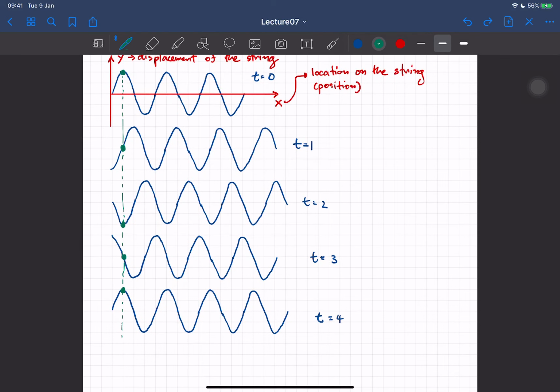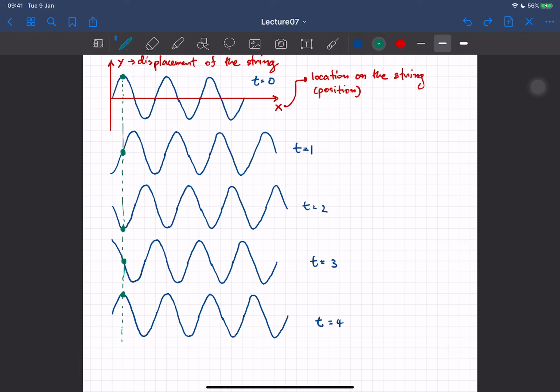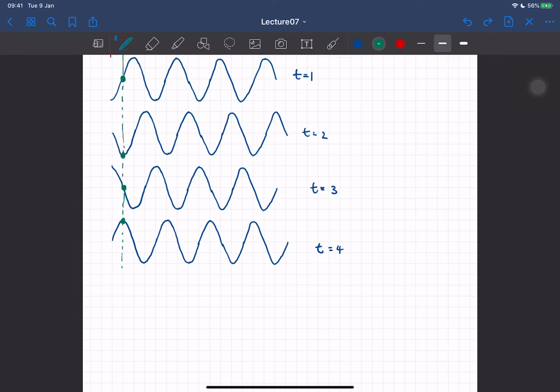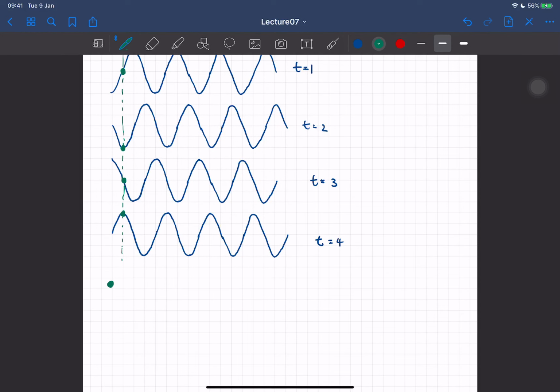Okay, so we can say that from t equal to 0 to the last one, this particular oscillator, the green dot here, completes one oscillation from t equal to 0 to t equal to 4, in this particular case here.